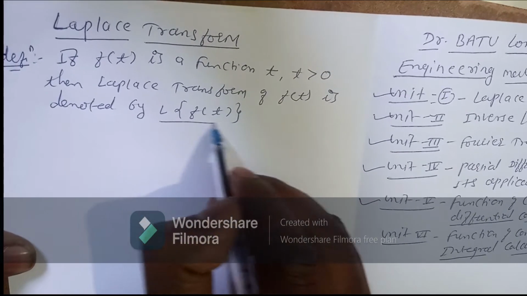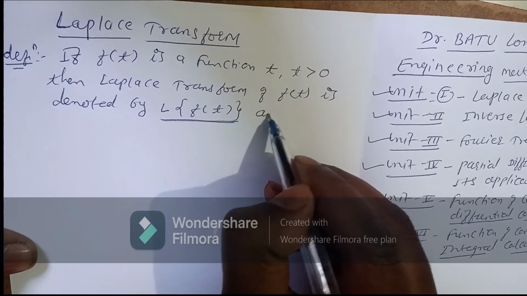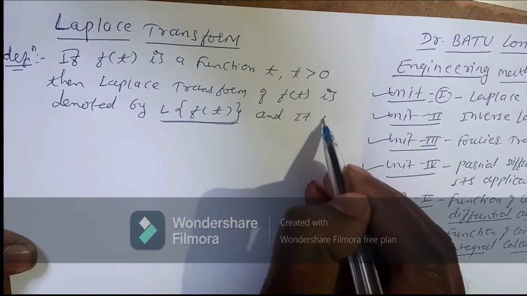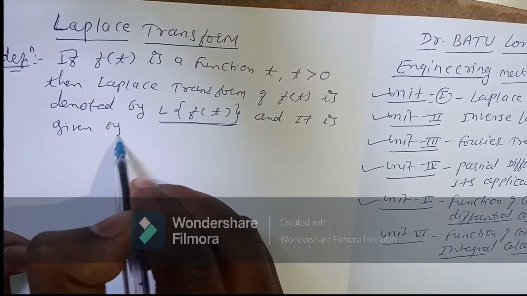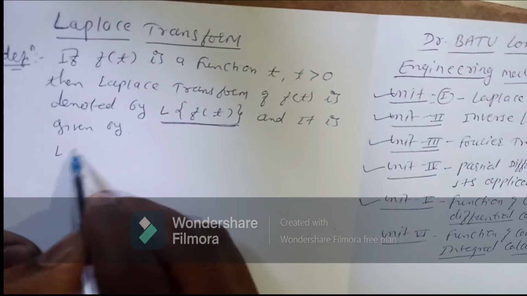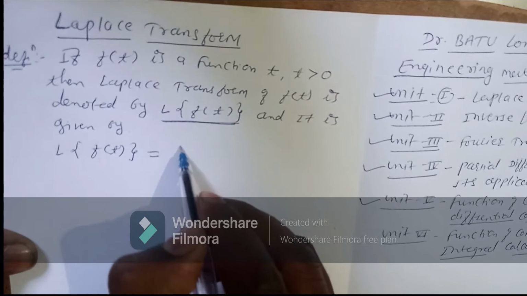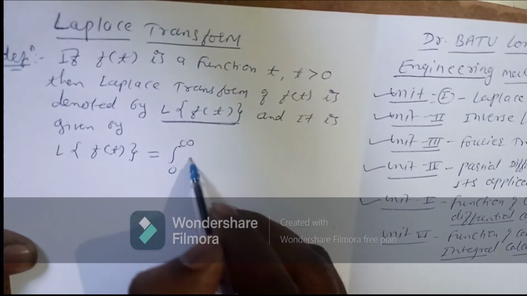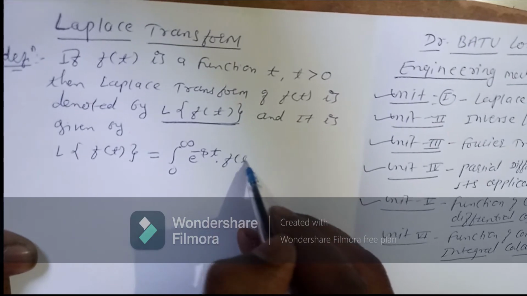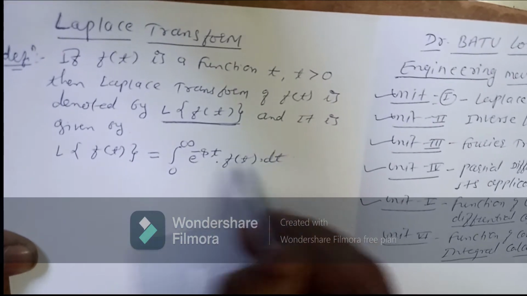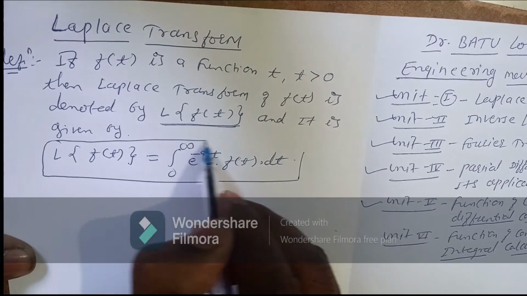Okay, so how to read this? This is Laplace transform of f of t, and it is given by L of f of t is equal to integration from 0 to infinity e raised to minus st into f of t dt. Okay, so this is the general definition of the Laplace transform.